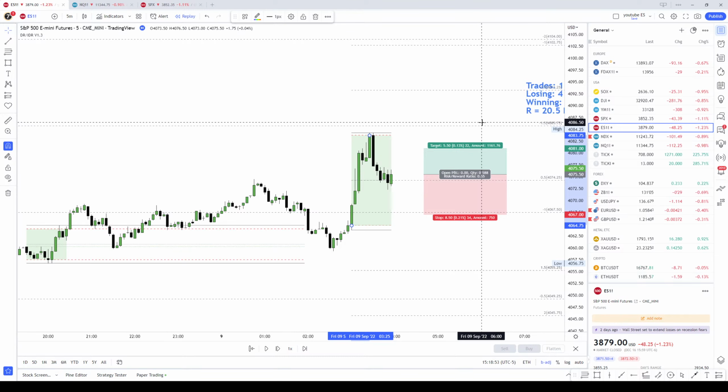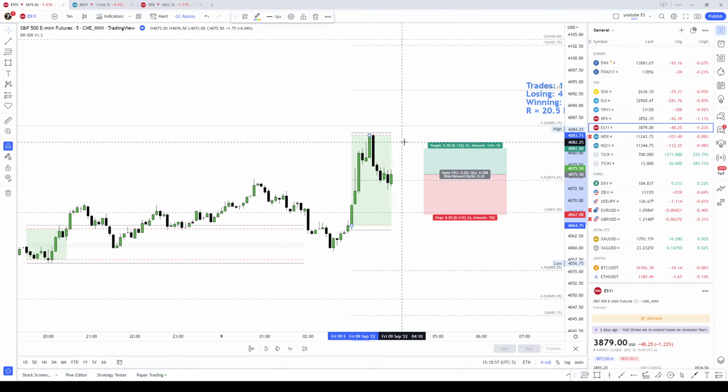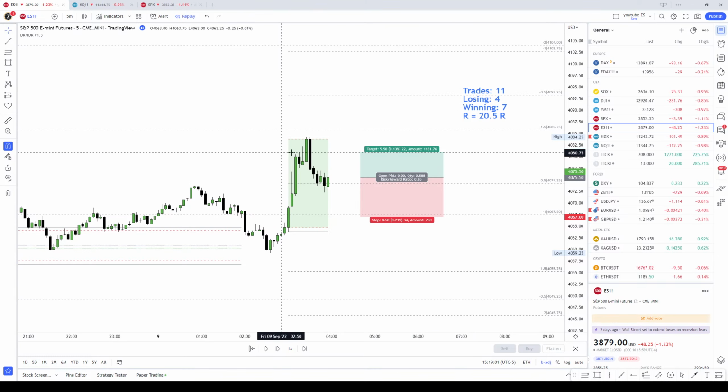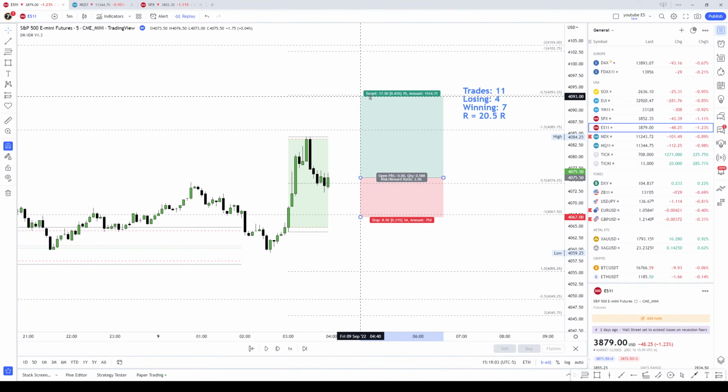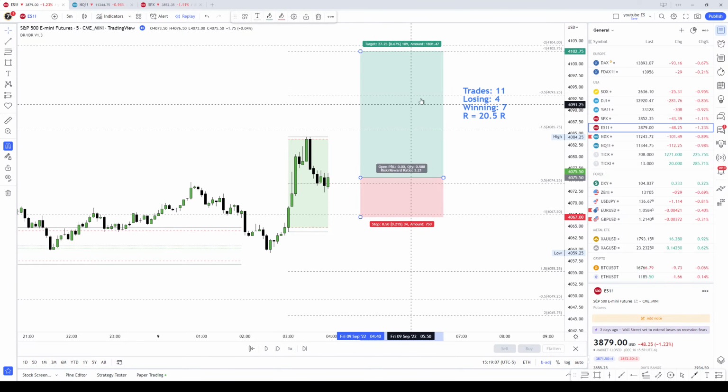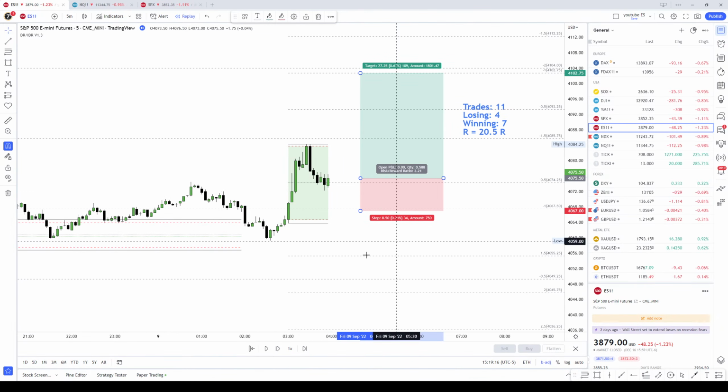Exactly, 1. So we are expecting 1 standard deviation. So it means we are looking for a target minimum 0.5 up to 1 standard deviation. So we will take some profits over here and we are targeting with the rest of the position. We're going to target the 1 standard deviation. So let's see.